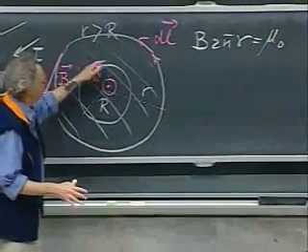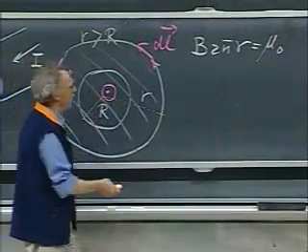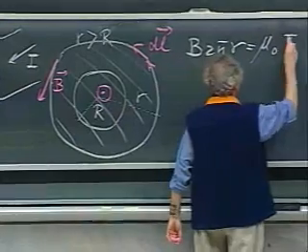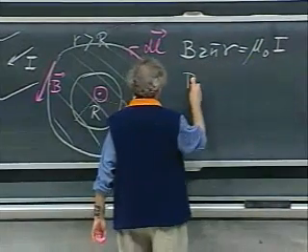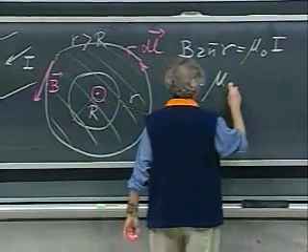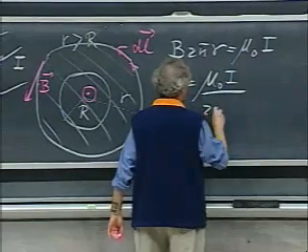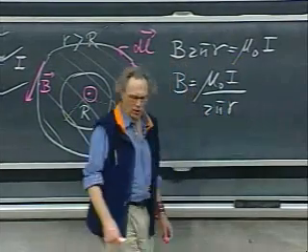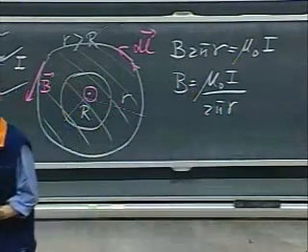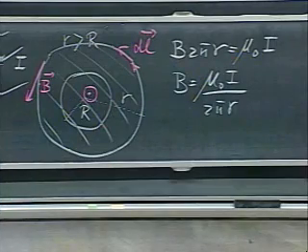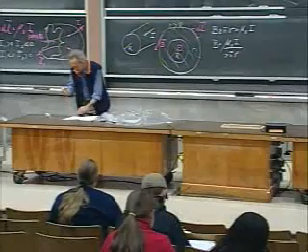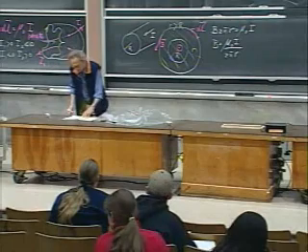All this current from this wire that comes to me penetrates my surface. So times I, and so B equals mu 0 times I divided by 2 pi r. And that's the same result that we found last time when we applied Biot and Savart. So that's no surprise that you see this.